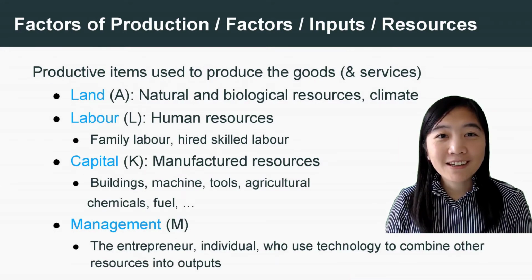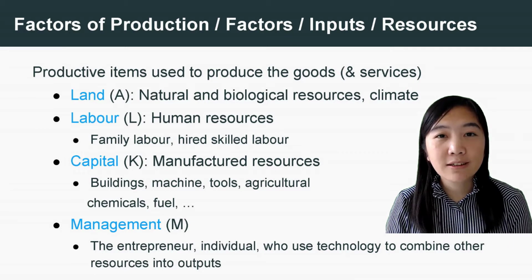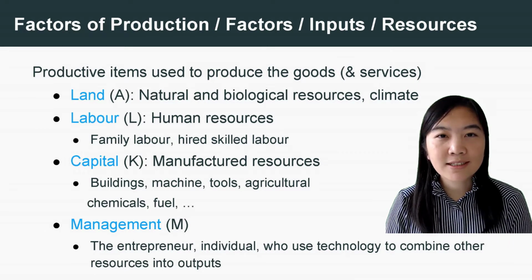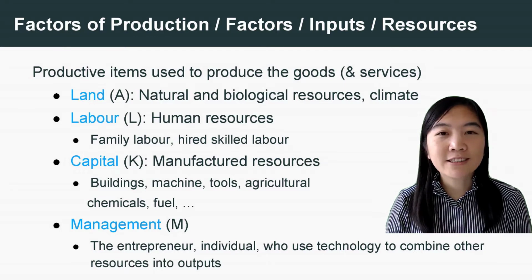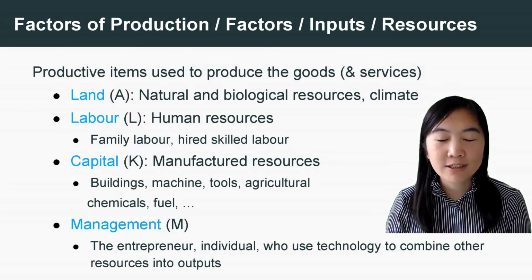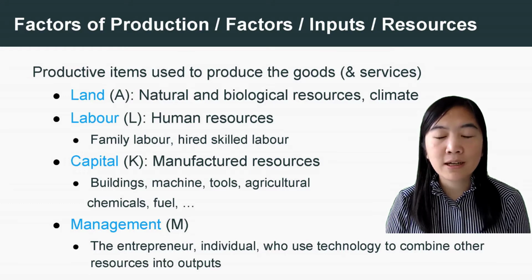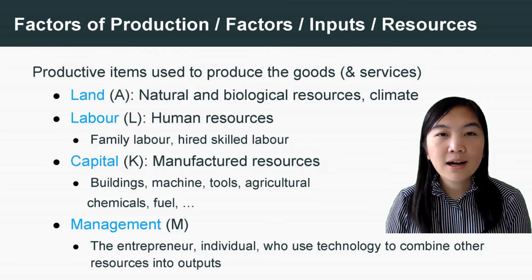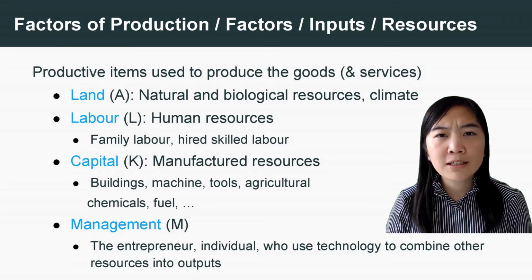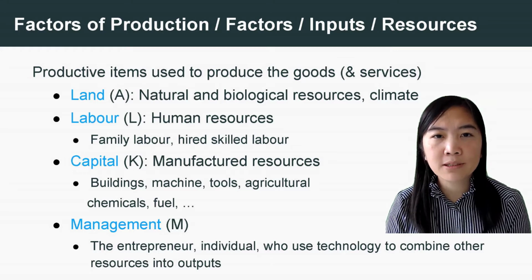So now let's take a closer look at those 4 different types of resources. Land is not just land, it also includes other natural and biological resources, and also probably climate. L is human resources. Typically there is family labor or hired skilled labor.